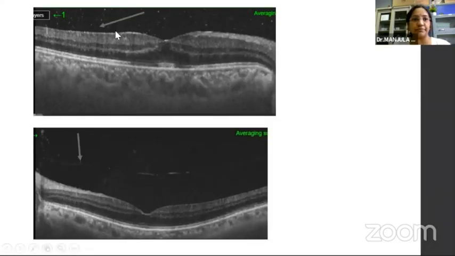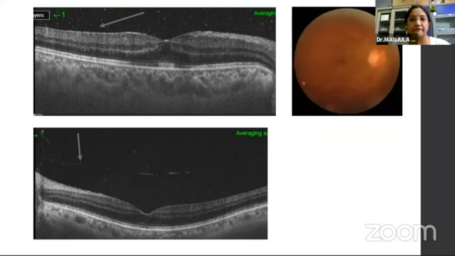In both, you can see the posterior cortical vitreous contains tiny hyperreflective dots. Are they the same or are they different? For this, it is very important that you have the clinical picture with you. For example, in the first clinical picture corresponding to the OCT, this gentleman had floaters of recent onset, and clinically there is vitreous hemorrhage.